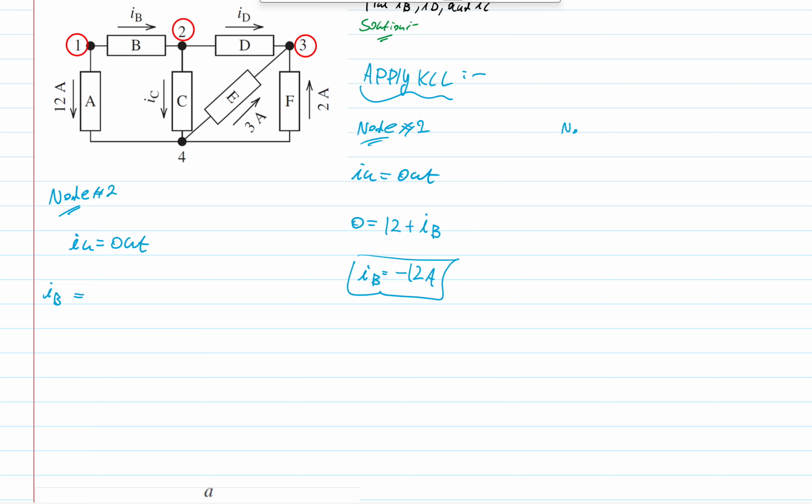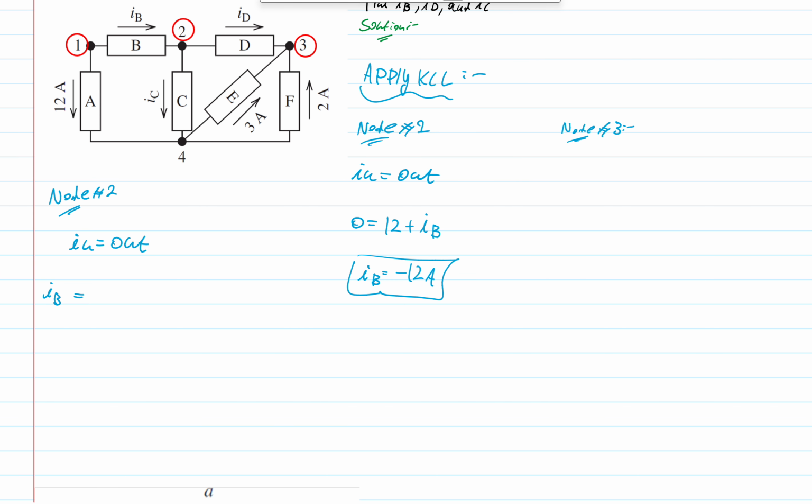I'll explain node number 3. There's an unknown that we have to find at node number 3 so we could find node number 2. That's why. So for node number 3, what's going in, what's going out?